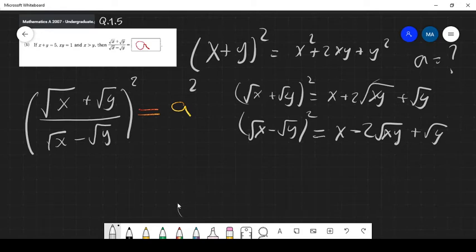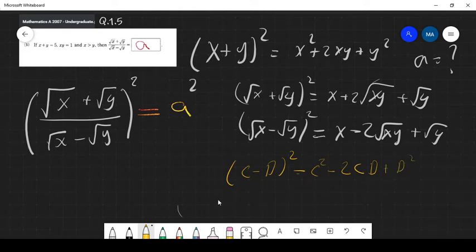How can you find this formula? If you have something like, let's say, c minus d, squared, it is the first one squared minus 2 multiplied by the first multiplied by the second plus the second one squared.